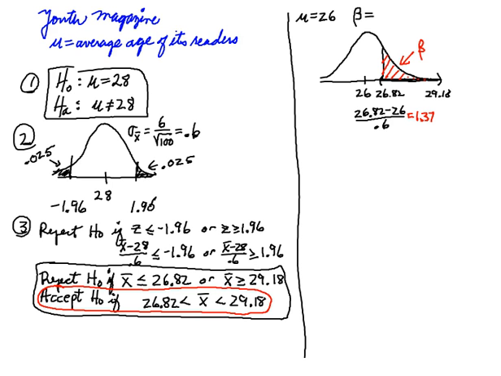Now, what about the other side of the interval, the 29.18? Again, subtract 26 divided by 0.6. This turns out to be, if I do this calculation, 5.3.